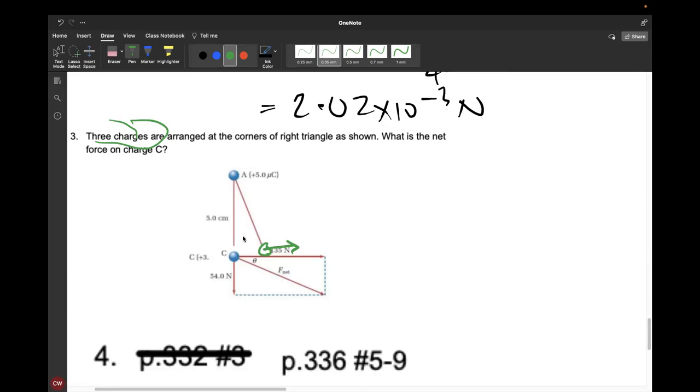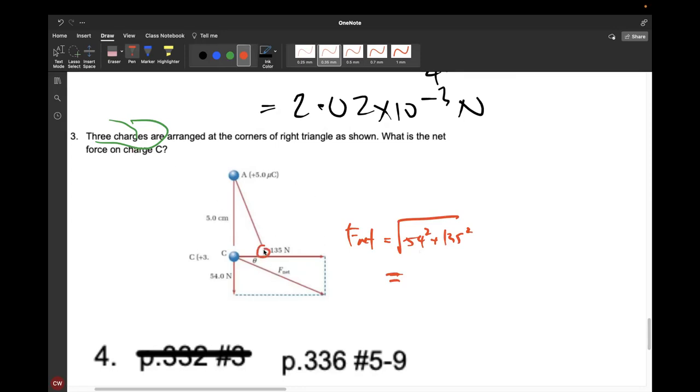Force on C. Net force is here. If we just follow the forces given, then straight away the net force is just Pythagoras theorem. Is it like that? So simple.